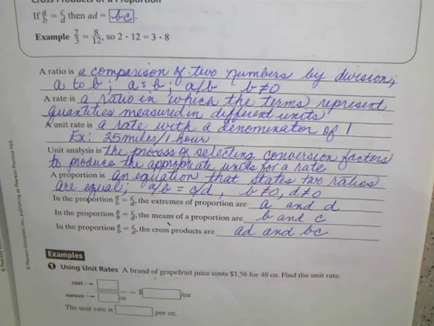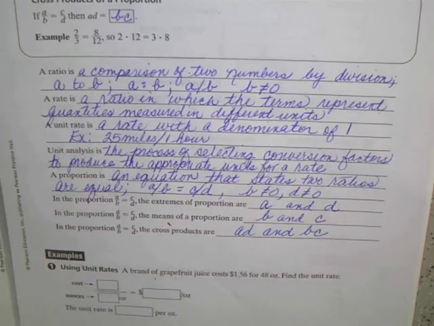Those cross products are going to be equivalent if you in fact have a proportion. Sometimes you may hear the term that in a proportion the product of the extremes is equal to the product of the means. Or another way of saying that is that the cross products are equivalent.